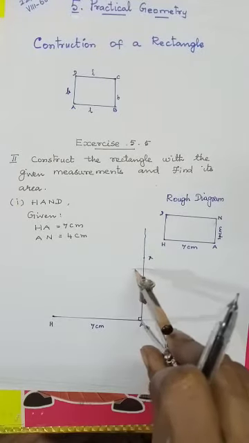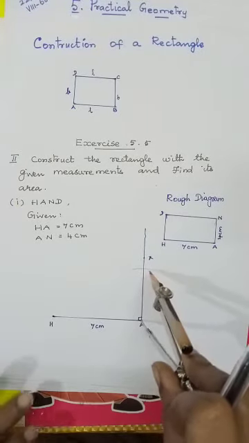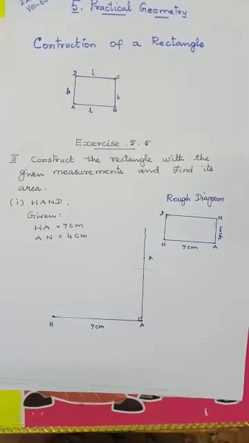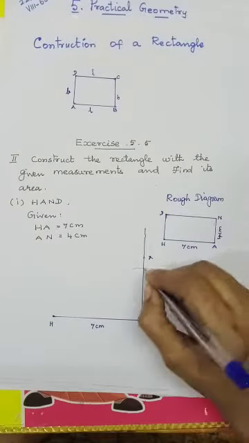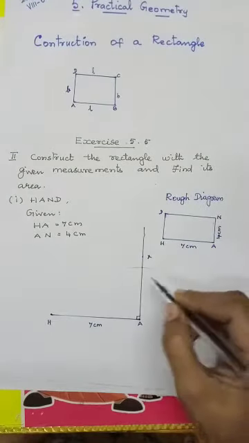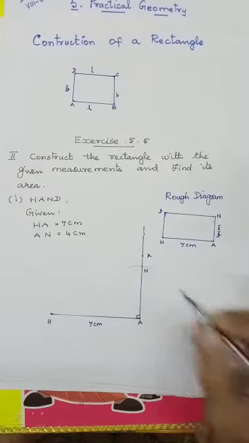We have drawn an arc for 4 cm. So this is the center here. Name it N. H-A-N.